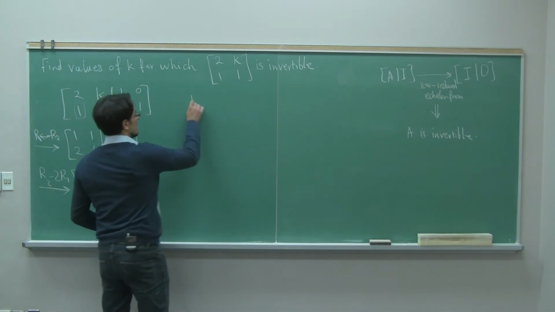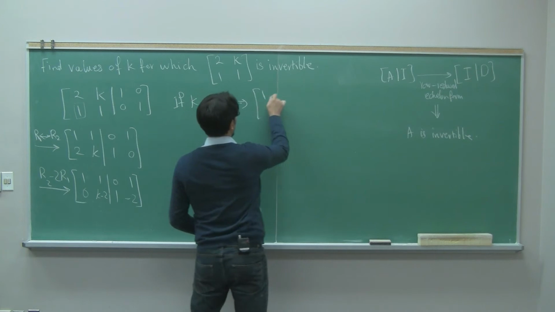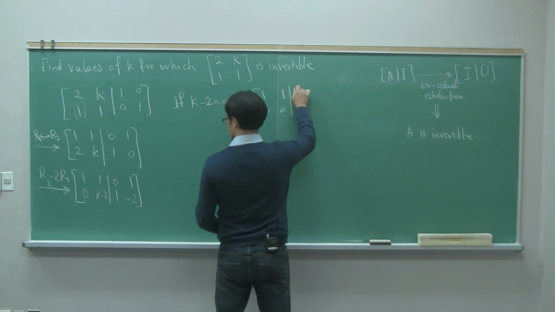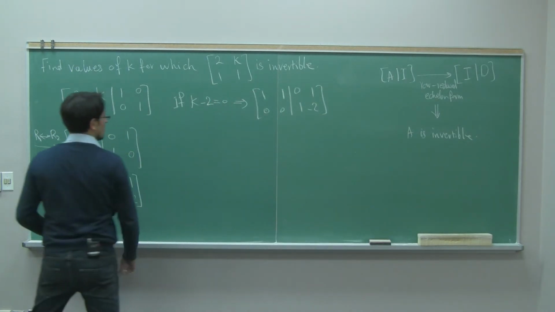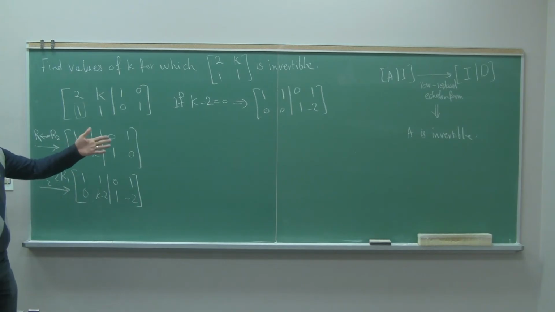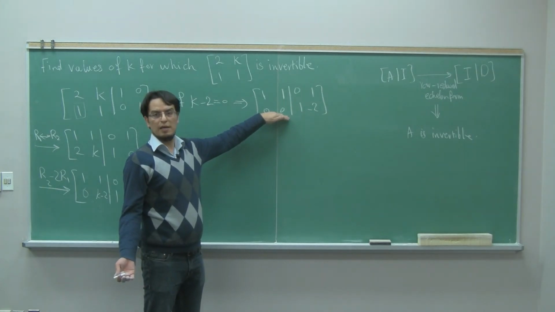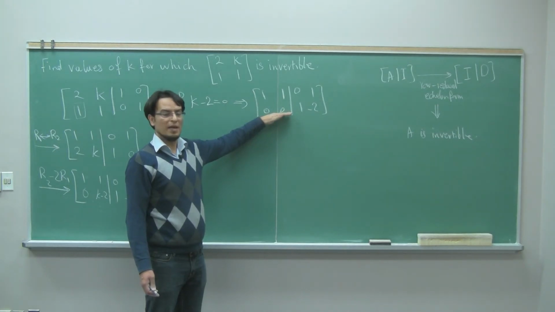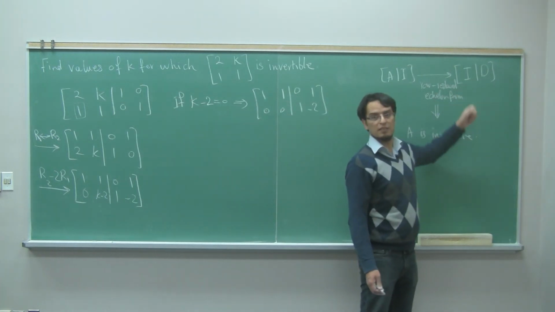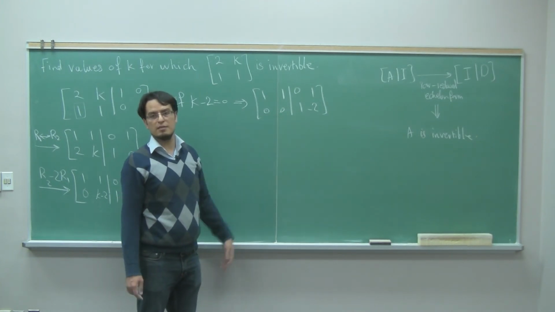If k minus 2 is 0, then I have 1, 1, 0, 1 and 0, 0, 1, -2. I don't have any entry to make the next leading one, and this is my row reduced echelon form. That means I cannot get identity, so A is not invertible.